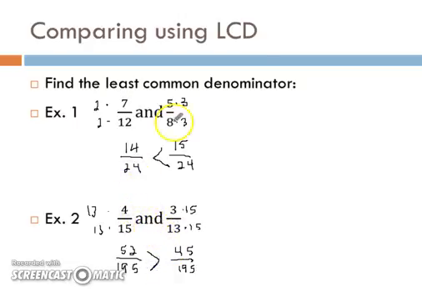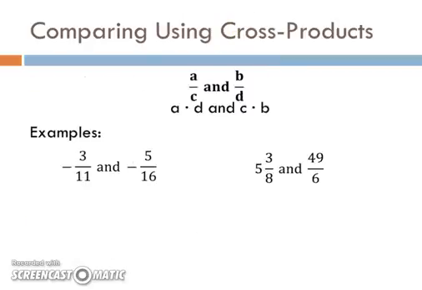So comparing with least common denominator, you need to rewrite the two fractions and then compare the numerators for which one is larger. And the last method is to use cross products. So multiplying diagonally. So A times D, so 3 times 16, and then C times B, or 11 times 5.